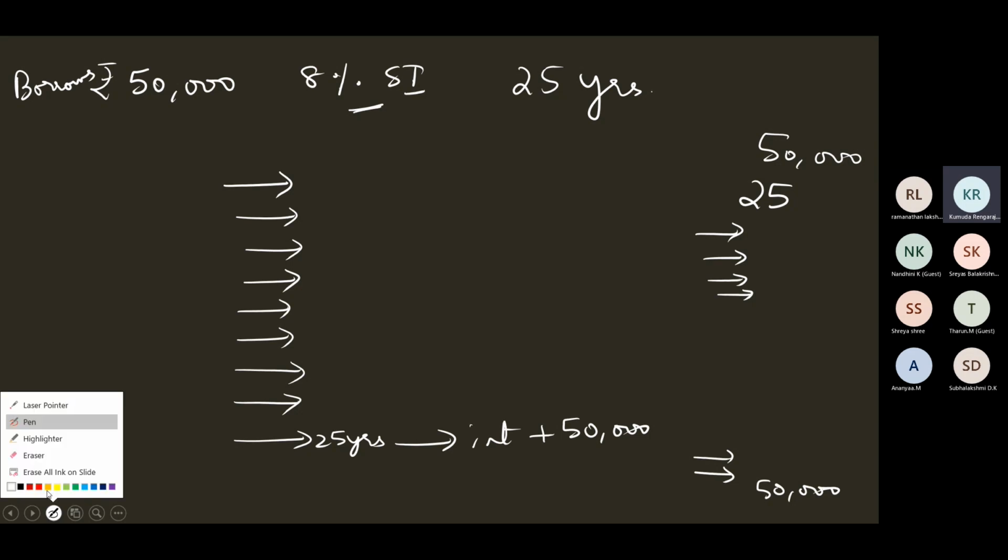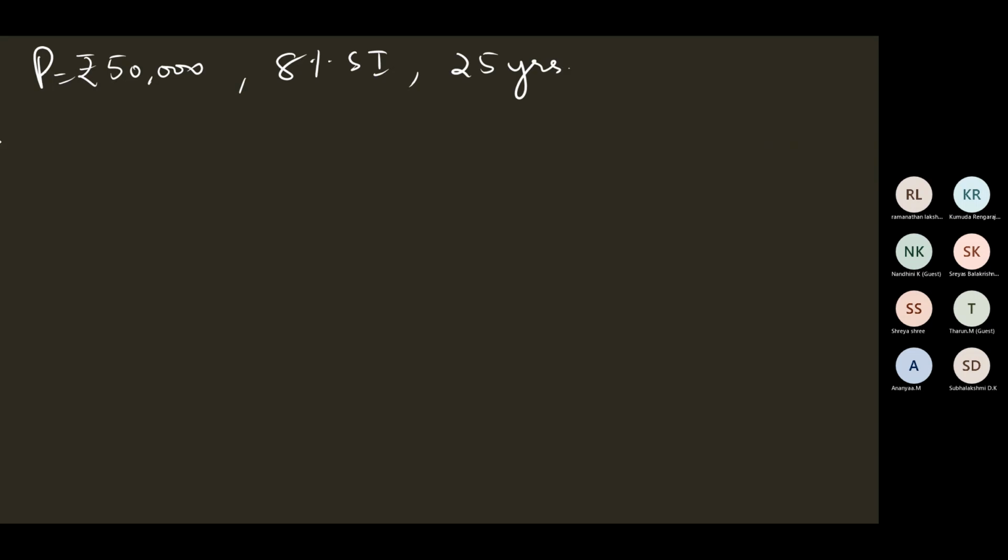Now answer the question. The principal is 50,000, the money borrowed. 8% simple interest for 25 years. Children, don't ask any further questions related to this question. Just work and we'll discuss the answer later. Find the interest.